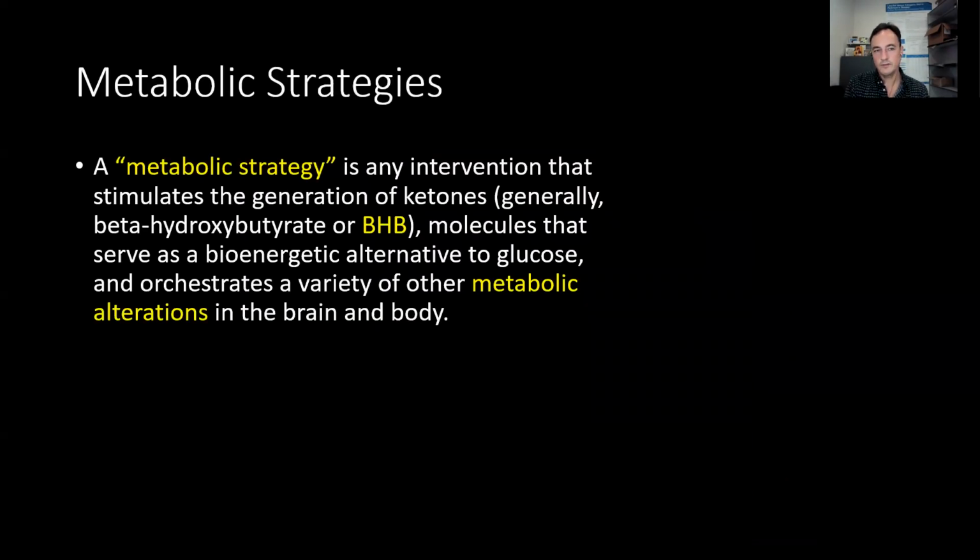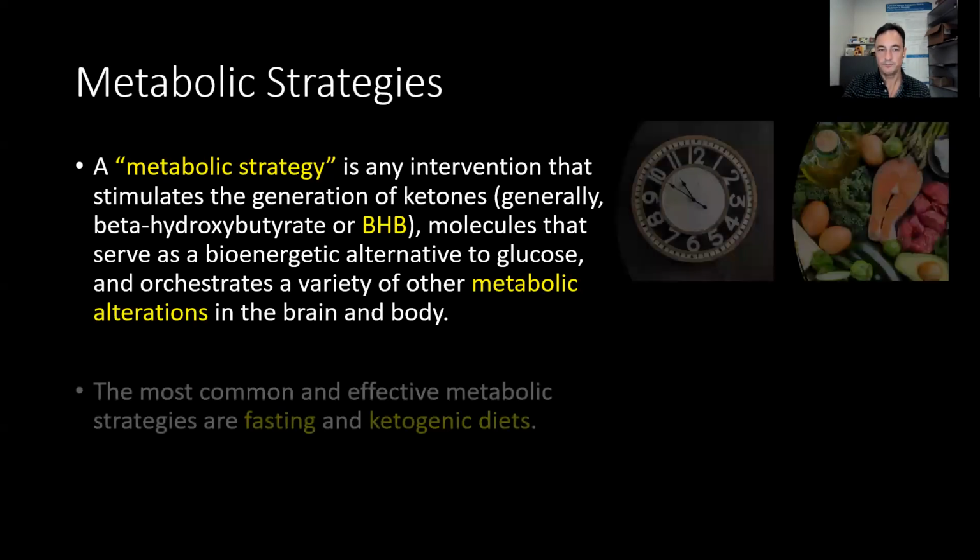I just define a metabolic strategy as any intervention that stimulates generation of ketones. Generally, the primary blood ketone, beta hydroxybutyrate, or BHB, is what I'll talk about when I say the word ketone. And these are molecules that serve as bioenergetic alternatives to glucose. However, metabolic strategies orchestrate a variety of other metabolic alterations in the brain and body, and those are the more important aspect of the term.